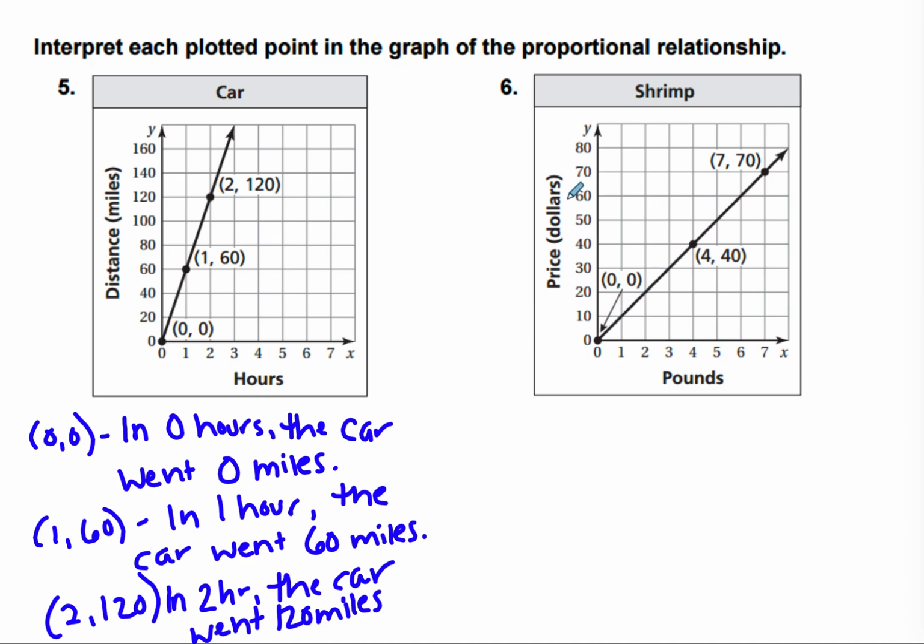All right, over here, shrimp, dollars, pounds, shrimp. So that's what we've got to write about. 0, 0. It cost $0 for 0 pounds of shrimp.